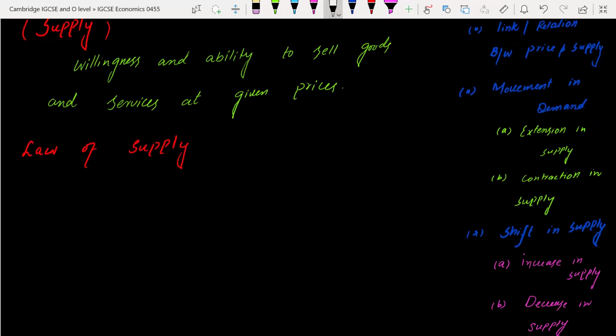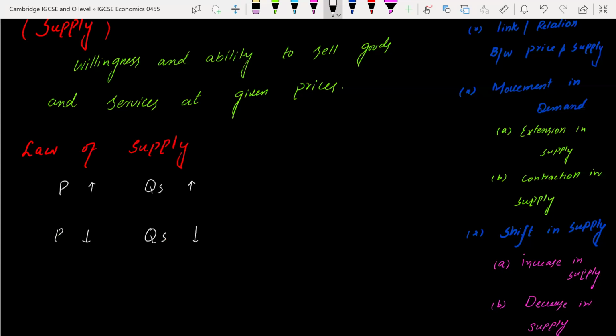If the prices of goods and services go up, the quantity that suppliers are willing to offer also increases, and if the prices decrease, the quantity supplied also decreases. So there is a positive, direct relationship between price and quantity supplied.